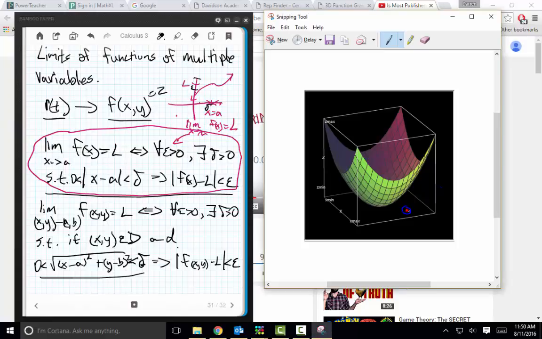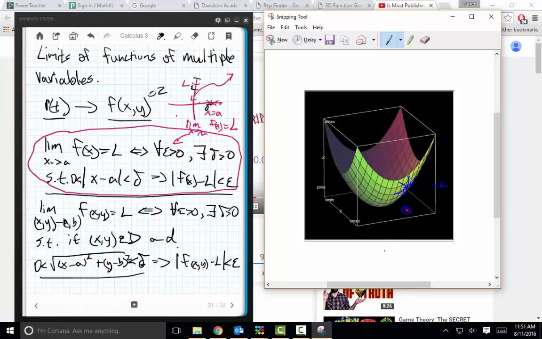We're opening up a delta circle, and then we're going up to the curve and seeing if we approach along all of the possible approaches, are we heading for this limit point? And the limit point, notice this z, is going to be our limit point. As this circle gets smaller and smaller, we get closer and closer to that limit point.